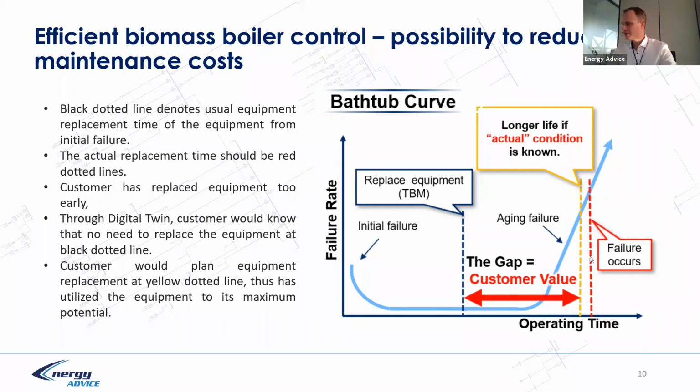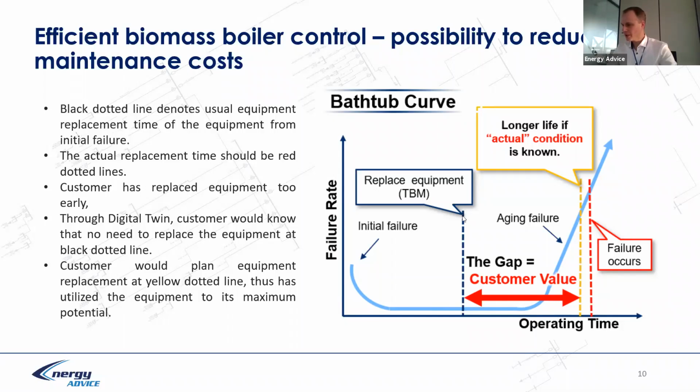However, the gap between this real failure and when we make the decision of replacement of the equipment is the gap of safety. And if we have quite a big gap of safety, we lose, in fact, money. And this is the value for the customer, the value we can create.